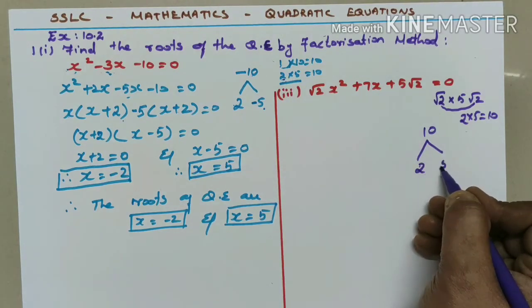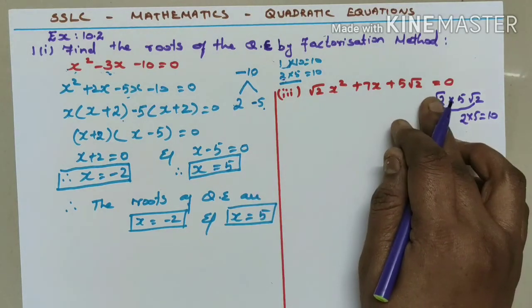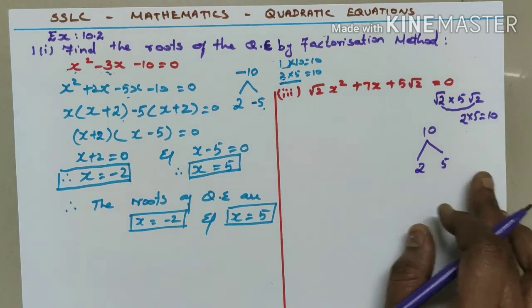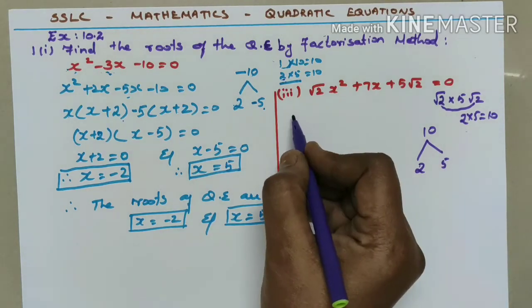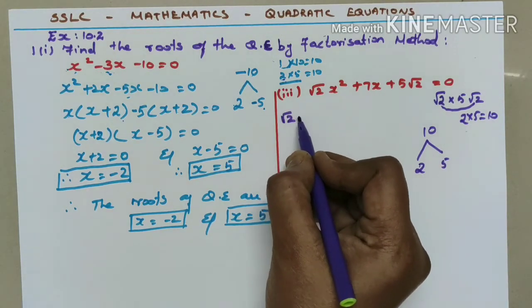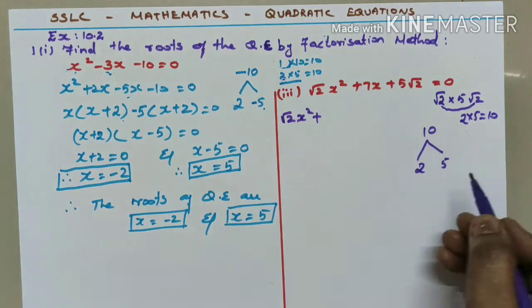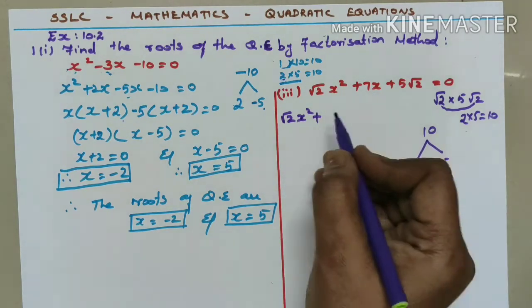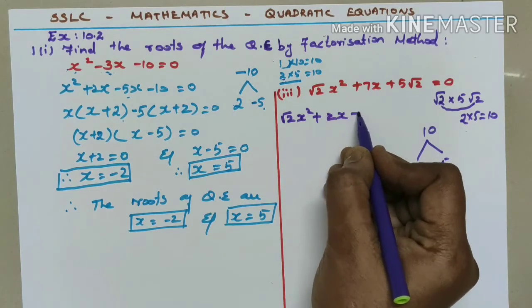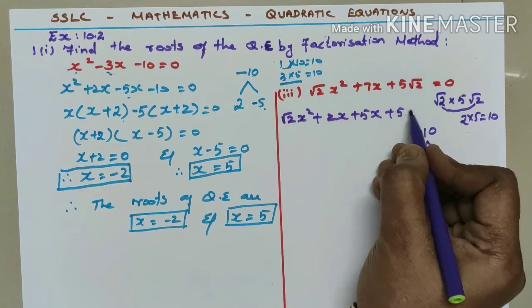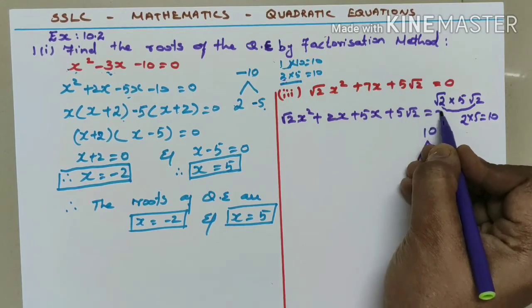All are positive numbers, so nothing to worry. Is it clear, children? Now write down the first term as it is, root 2x square. Instead of this 7x, I should write 2x plus 5x. Then the constant as it is, 5 root 2 is equal to 0.